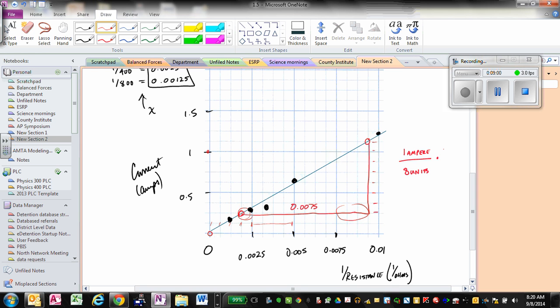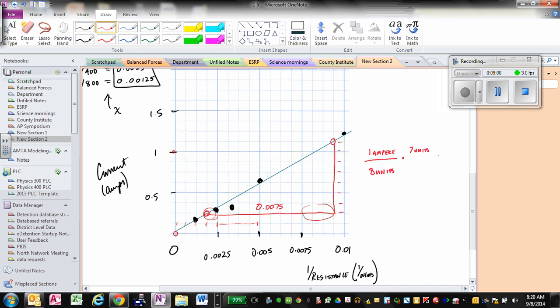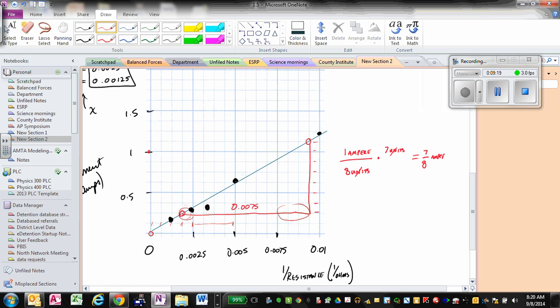And I'm only going up 7 units. So multiply 1 by 7. I'm going to get 7/8 of an ampere as my rise.